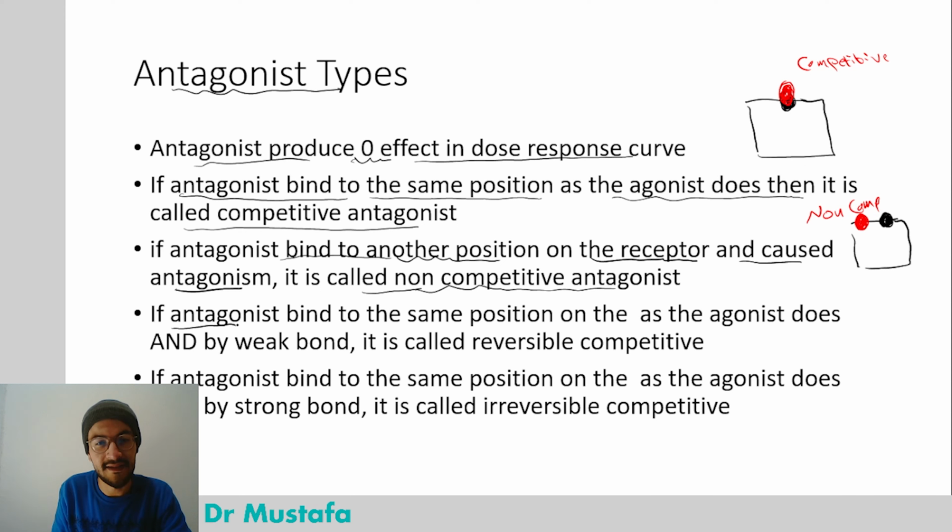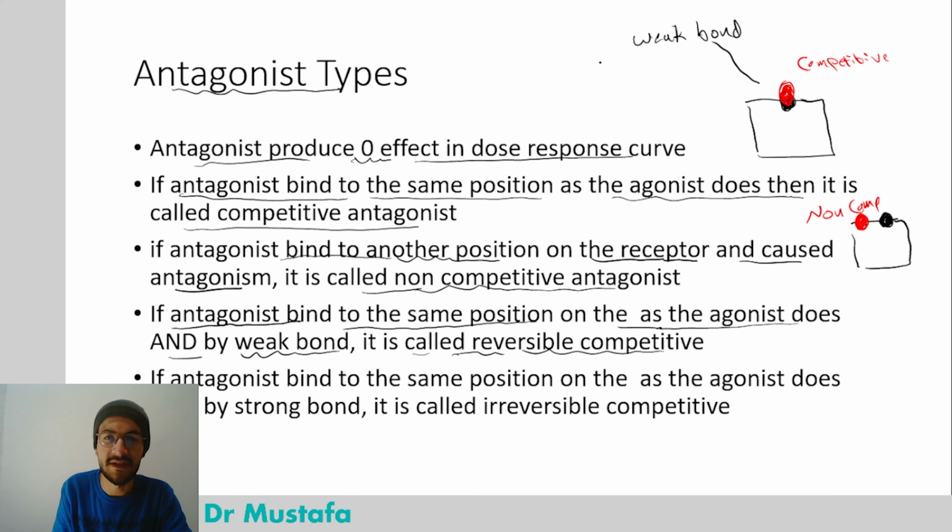Now if the antagonist binds to the same position on the receptor as the agonist does, and by a weak bond, then the antagonist is called reversible competitive.